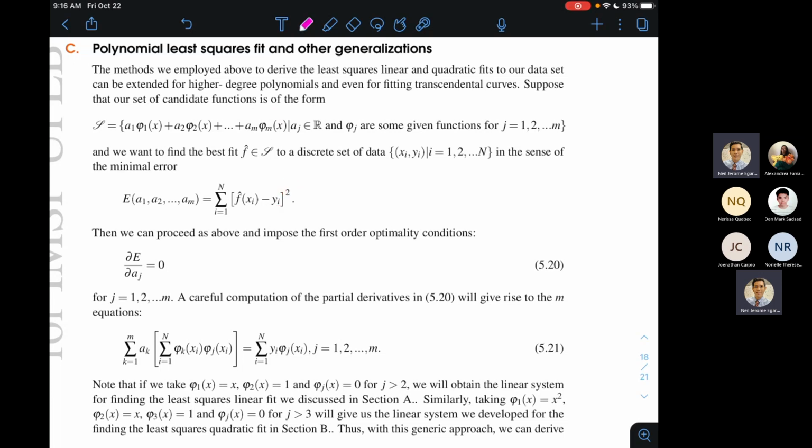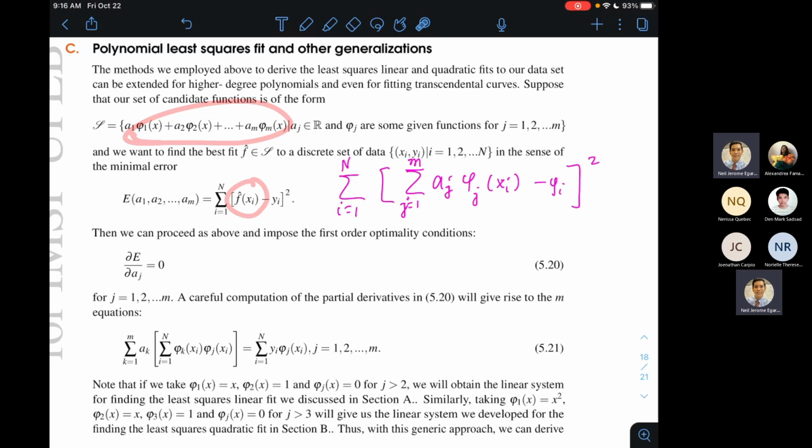So yung itsura niya magiging ganito, summation siya ng i from 1 to n, ng summation j from 1 to little m, ng a sub j, psi sub j, of x sub i, minus y sub i quantity squared, right? So pinalitan ko lang si f hat by this guy, which I wrote using the summation notation.